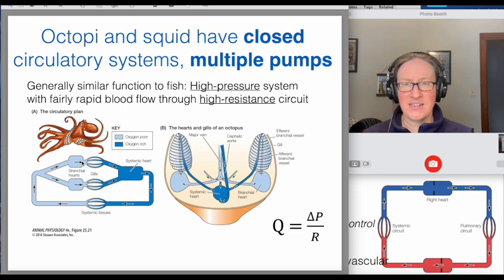So in this octopus illustrated here, octopi have two branchial hearts. These are associated with the octopus gills, to flow blood across the gill structure. And then they have a systemic heart, which is going to take oxygenated blood from the gills and pump that oxygenated blood through the systemic circuit.